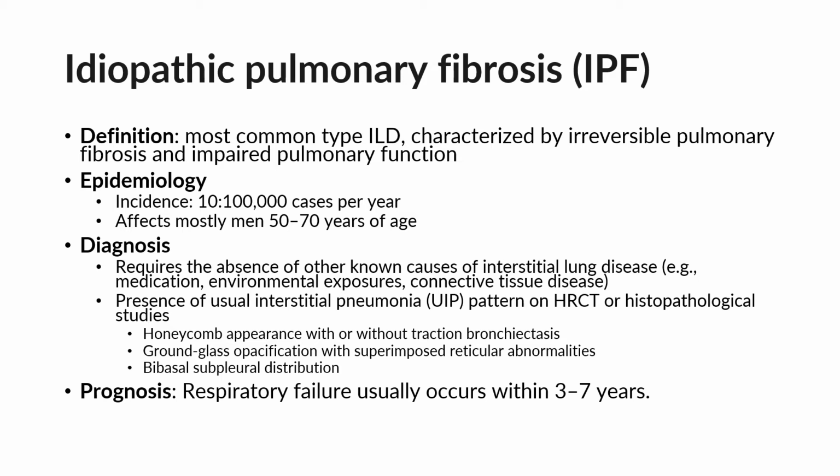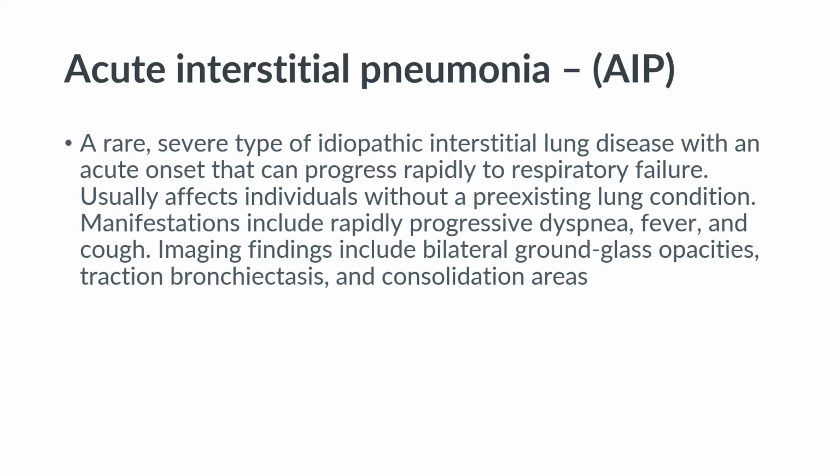And we have on CT scan honeycomb appearance with or without traction bronchiectasis, ground glass opacification with superposed reticular abnormalities, and bibasal subpleural distribution. The prognosis of IPF is very poor. Respiratory failure usually occurs within 3 to 7 years.